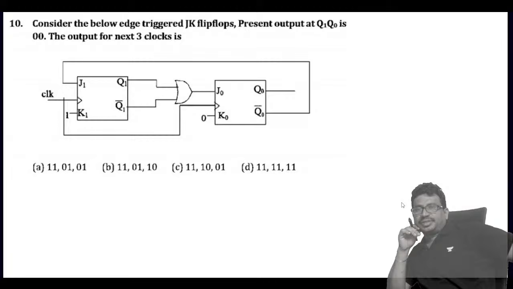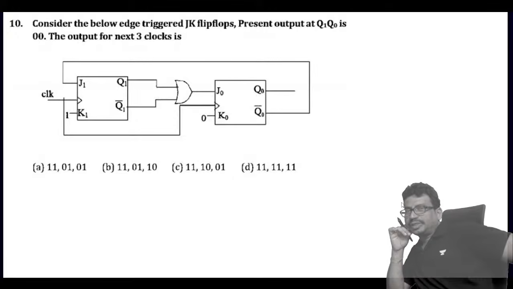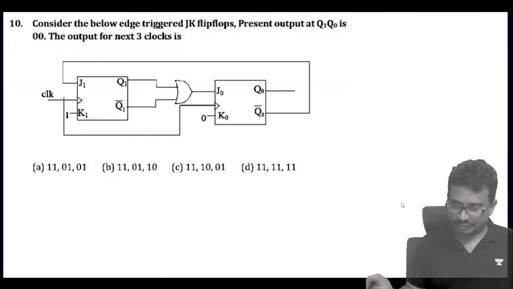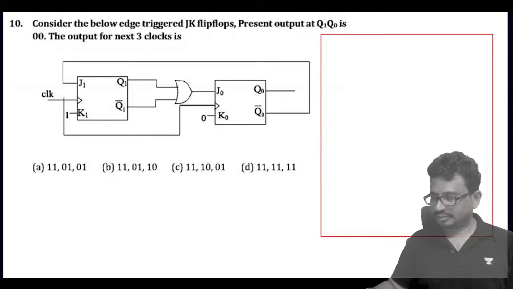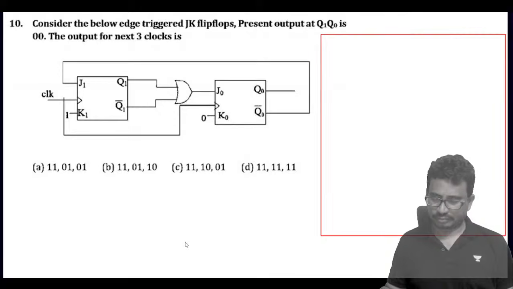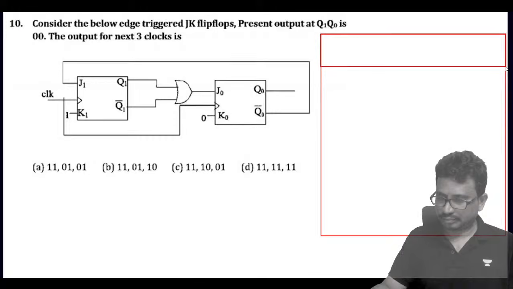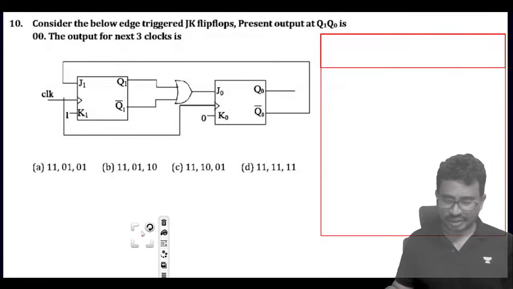Next one. Consider the below edge triggered JK flip-flops. The present output at Q1 Q0 is 0 0. The output for the next 3 clocks is? So you can see the inputs of the JK flip-flops.